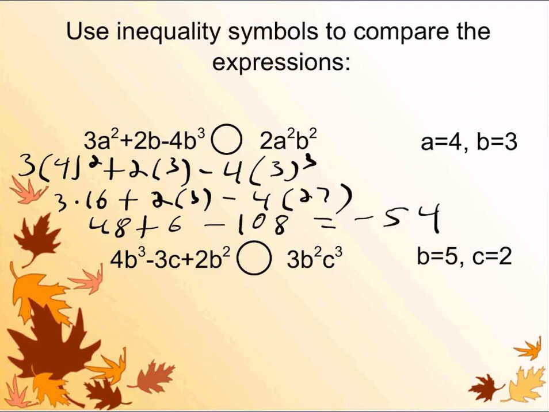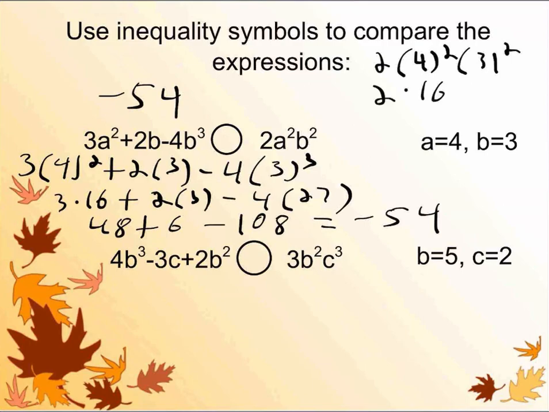I'm just going to put it up here so I remember. And then for 2a squared b squared, I'll fill that out up here. So 2 times a, which is 4, squared, times b, which is 3, squared. 2 times 4 squared is 32, and 3 squared is 9. 32 times 10 would be 320, but we have one less, so it should be 288.